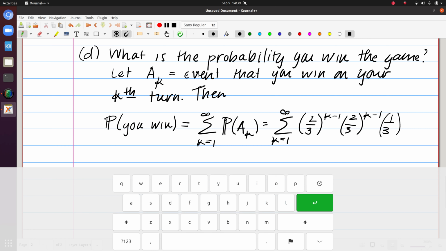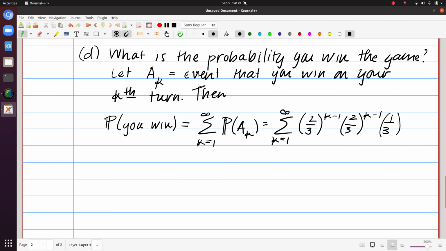And this, of course, looks like it is probably geometric, but we need to simplify it so that I can express it with one single r value raised to k in some sense. So to think about that, we have that this is the same thing as 2/3 times 2/3 raised to the k minus 1, all times 1/3.